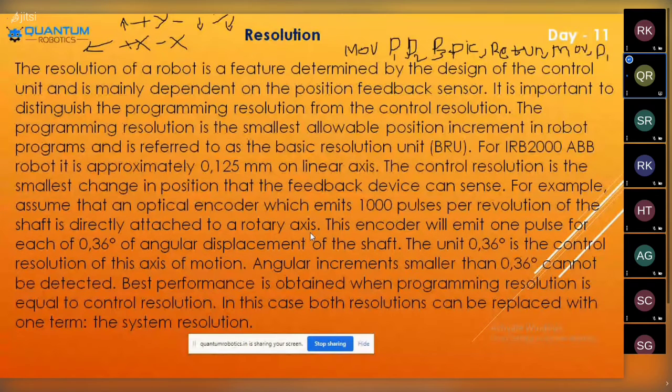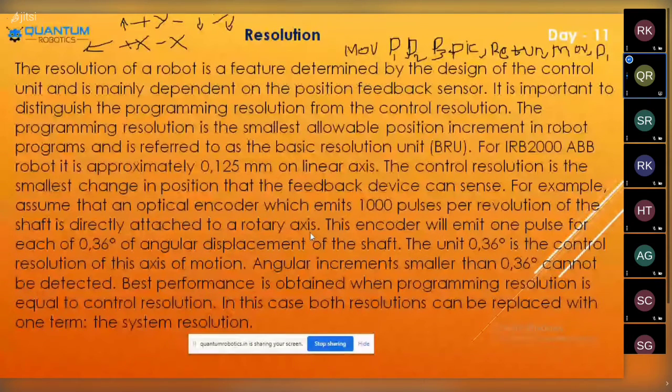At that time, for the motor there is one shaft. That shaft will be in the stationary condition, and that angular displacement will be 0.36 degrees for that particular motor. And that particular motor is going to rotate by a particular angle in a particular axis.